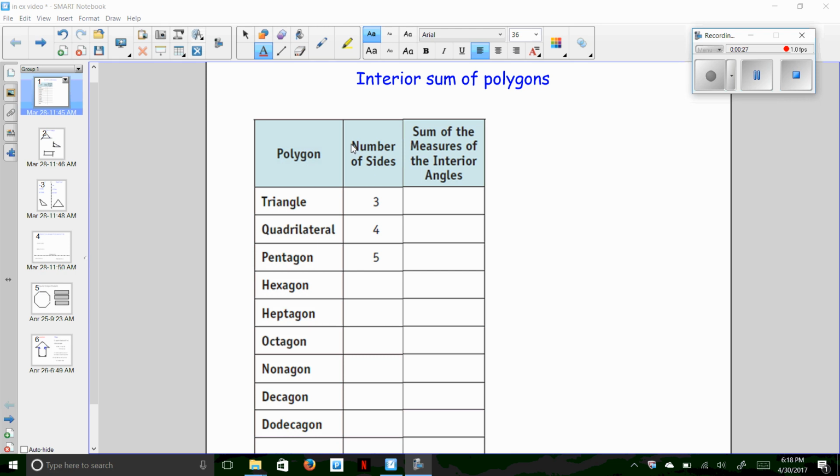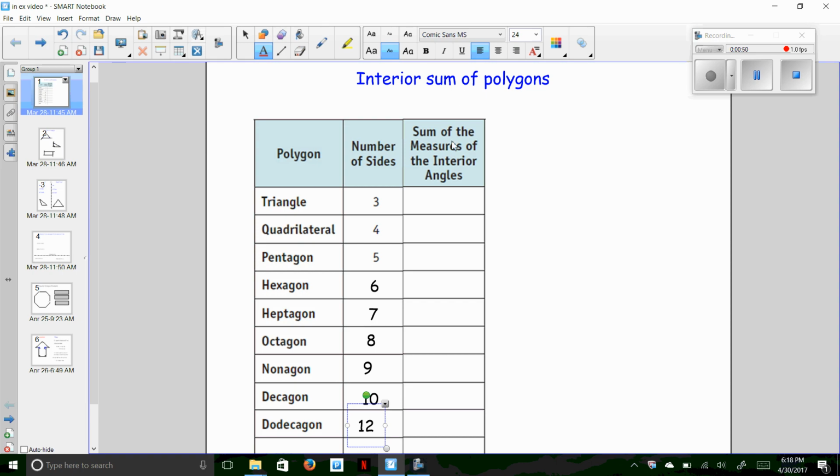Pentagon, 5 sides. We have the hexagon, has 6. Our heptagon has 7. Octagon, 8. Nonagon, 9. We got 10. It jumps, 11. Dodecagon's 12.